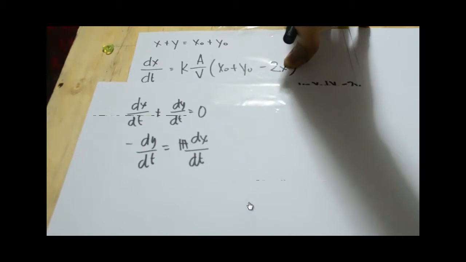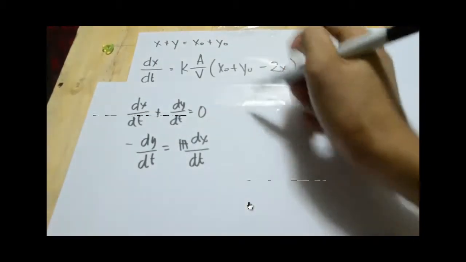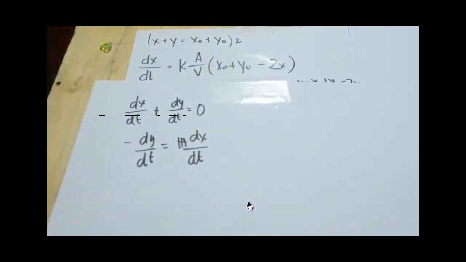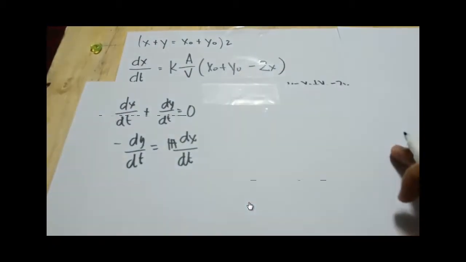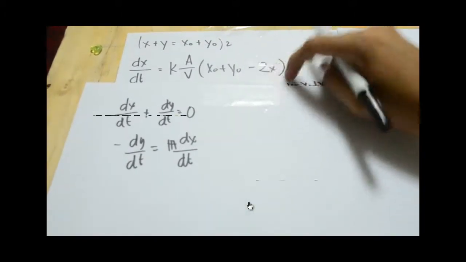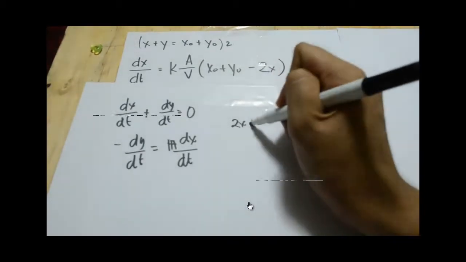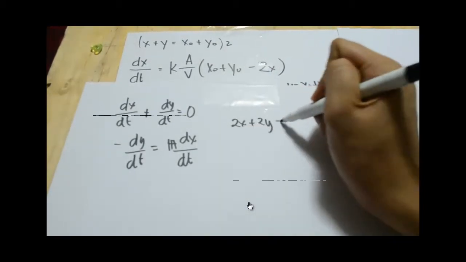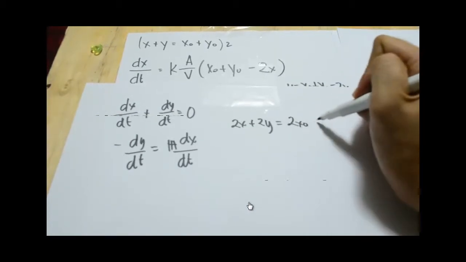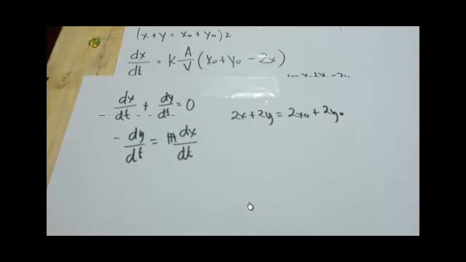we can also get it from the first equation by multiplying this one by 2. I think you can have it the other way, but make sure that we have this variable negative 2x. So we have 2x plus 2y equals 2x sub o plus 2y sub o, right?